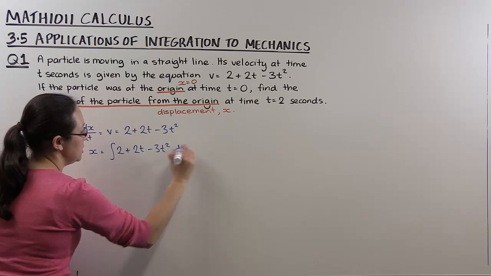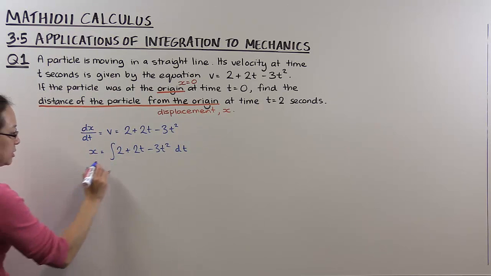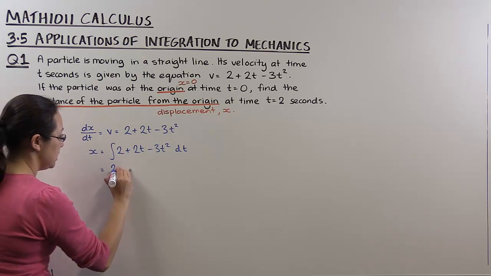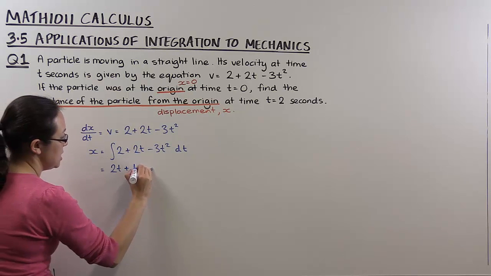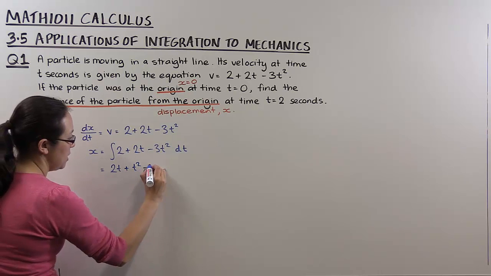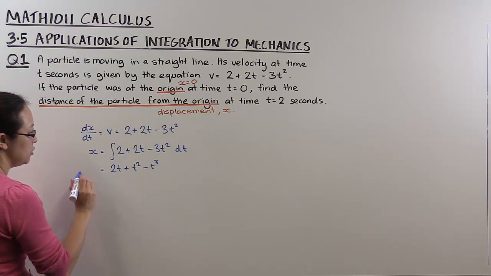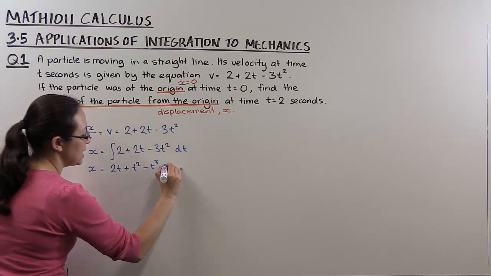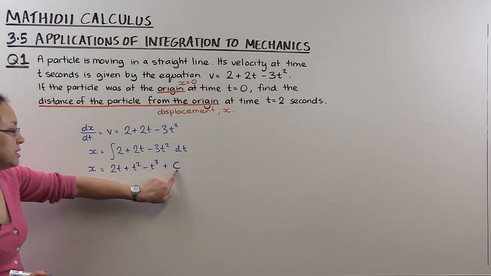So displacement differentiates to velocity, velocity will integrate to give displacement. So here that's 2 integrates to 2t, 2t integrates to t squared, minus 3t squared integrates to minus t cubed there. And we have to add a constant here because we're not quite sure if there's an extra constant.